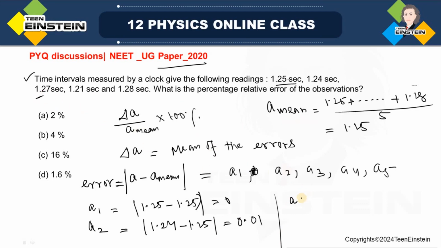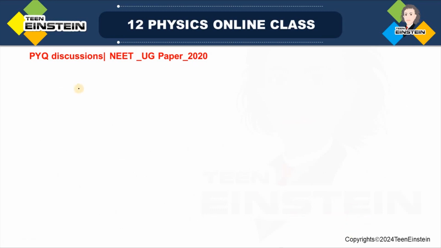For this particular measurement you will get A3 will be 0.02. For this one you will get 0.04, and for this particular measurement you will get A5 to be 0.05.